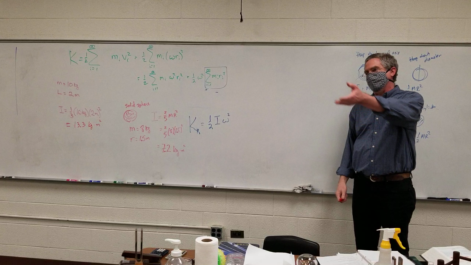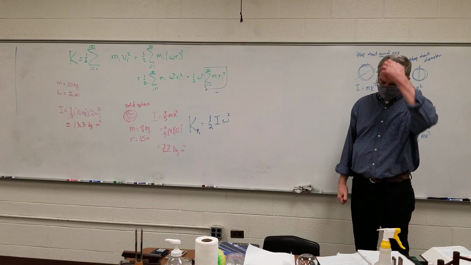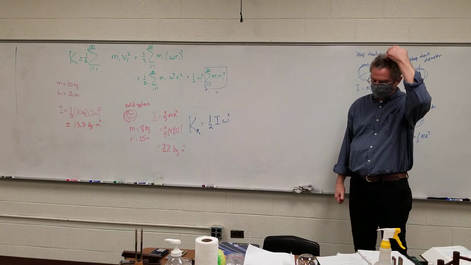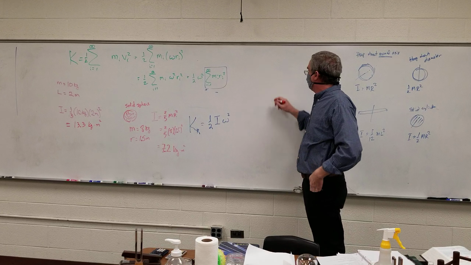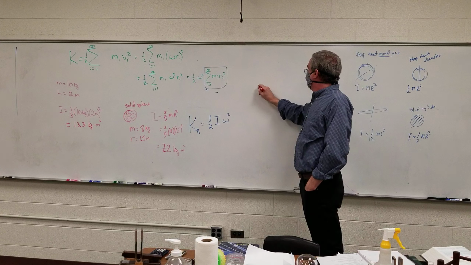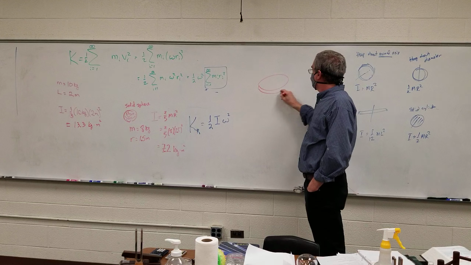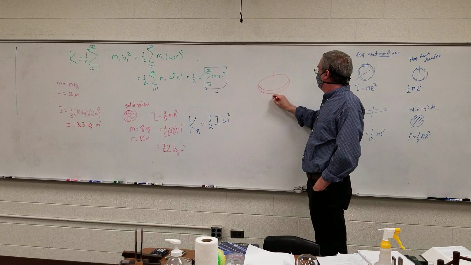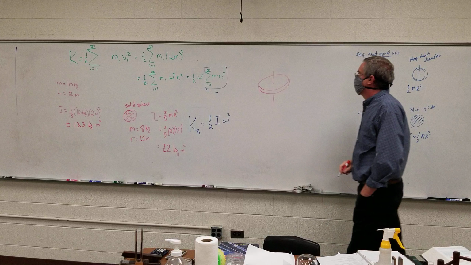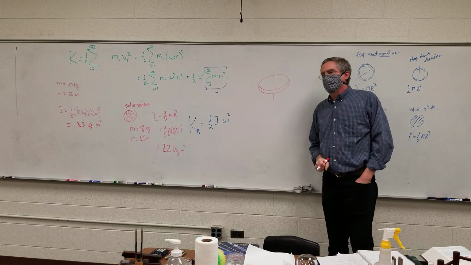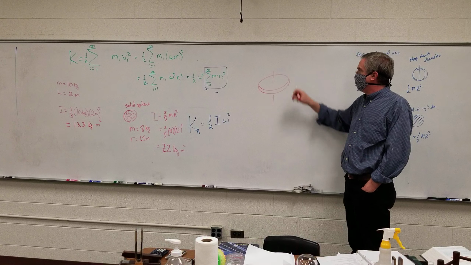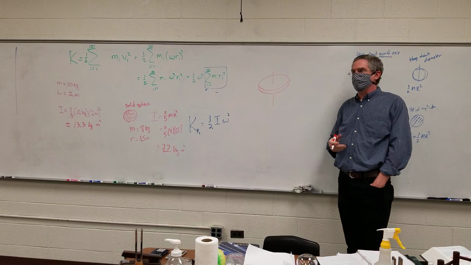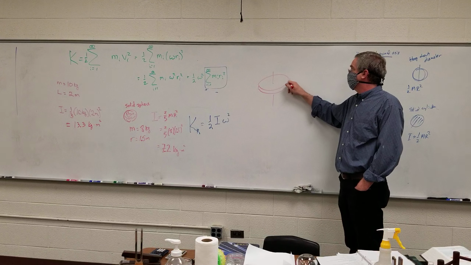All right, so let's actually connect it with something else before we get into another way of looking at it. I have a disk here. I want to store energy in it. If all the mass is on the outside, it's generally called a flywheel, but I just have a disk right here.